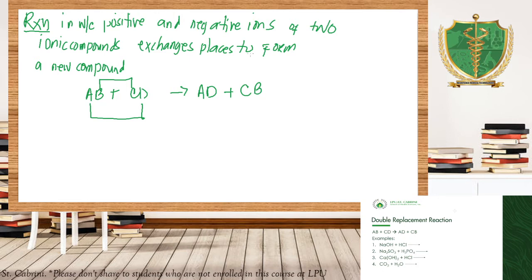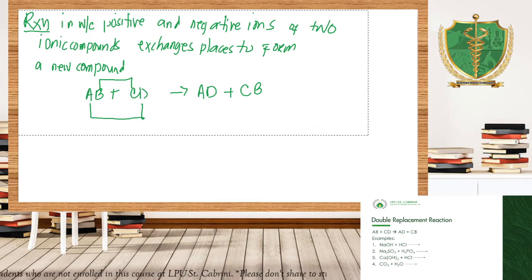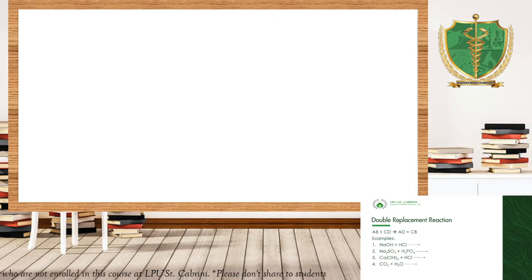Again, in double displacement or double replacement reaction, the positively charged and negatively charged ions of two ionic compounds exchange spaces to form a new compound. In other words, they change their partner, or the one that they have attraction. Okay? So let's have an example.